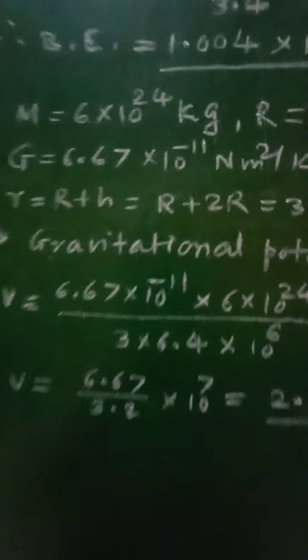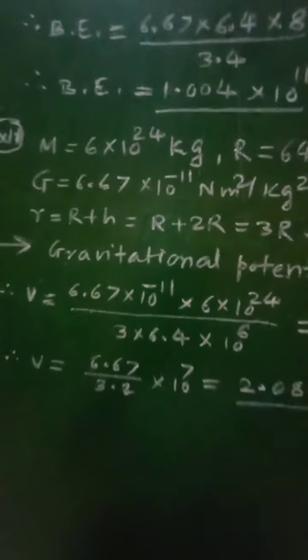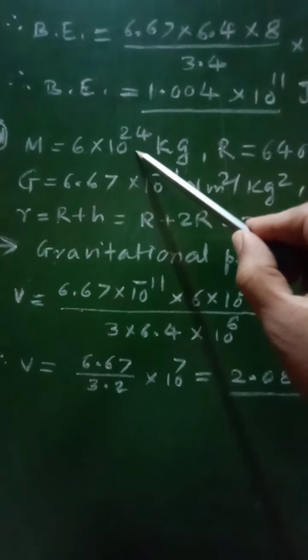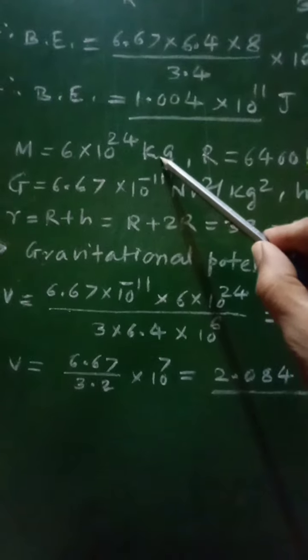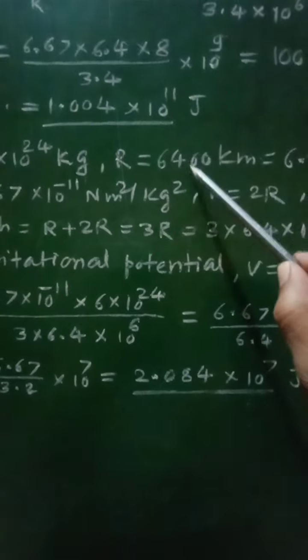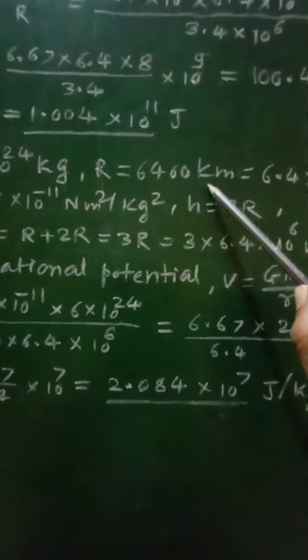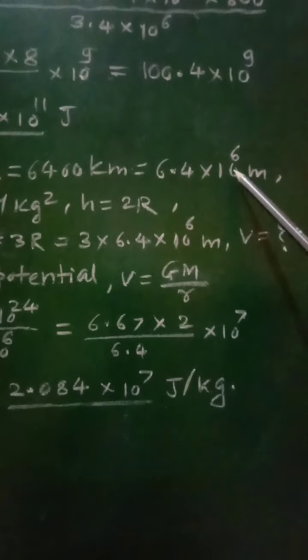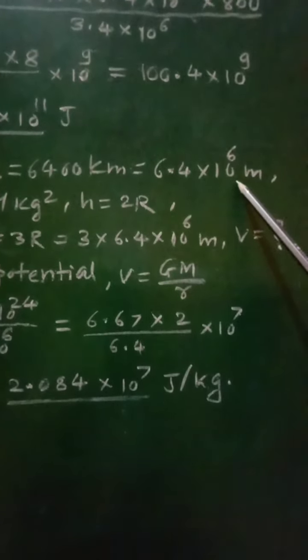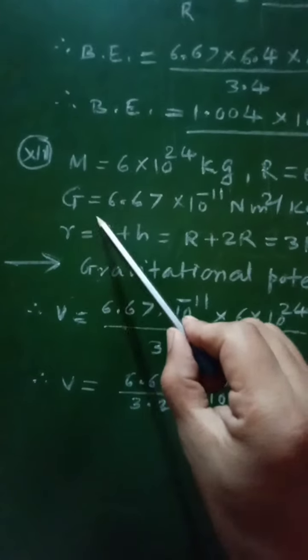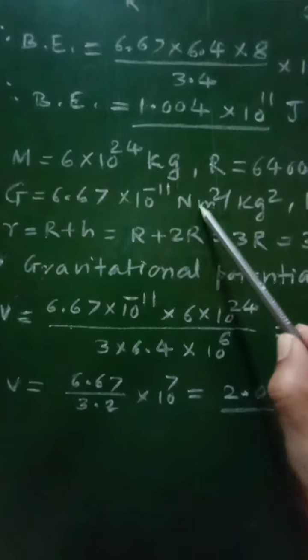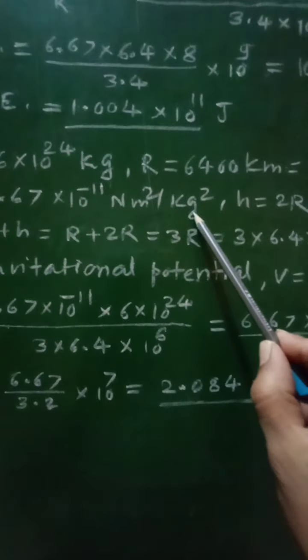And therefore for this numerical number 12, the given data is mass M is equal to 6 into 10 raised to 24 kilogram. Radius R is equal to 6400 kilometer, which is written as 6.4 into 10 raised to 6 meter. Then G is equal to 6.67 into 10 raised to minus 11 Newton meter square per kilogram square.